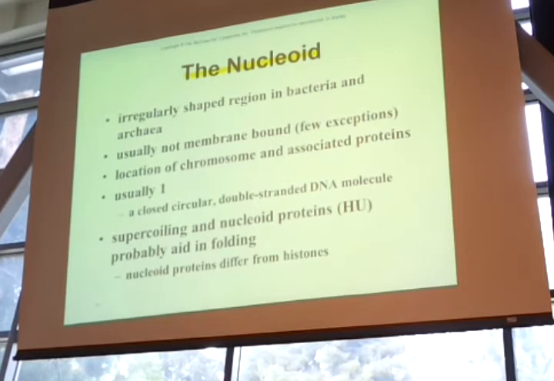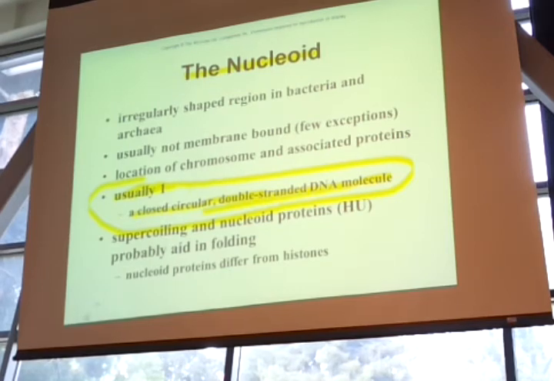But this is really usually one closed circular double-stranded DNA. Okay, so the nucleoid is an area in the cell where you have this chromosome completely supercoiled. And it's usually somewhere in the center of the cell.